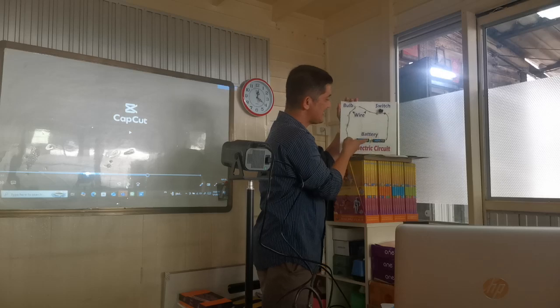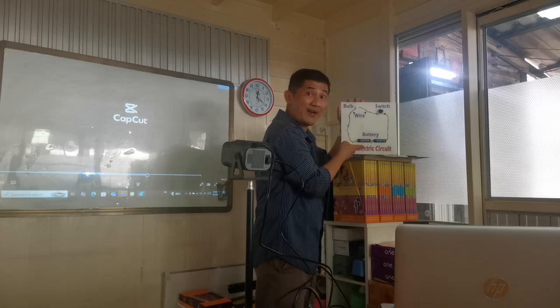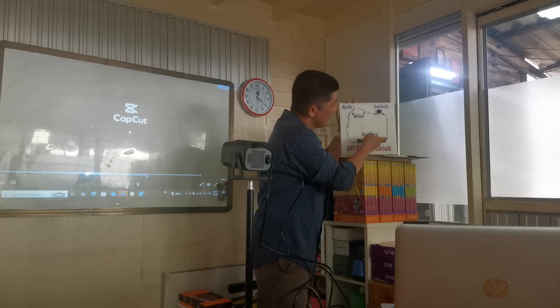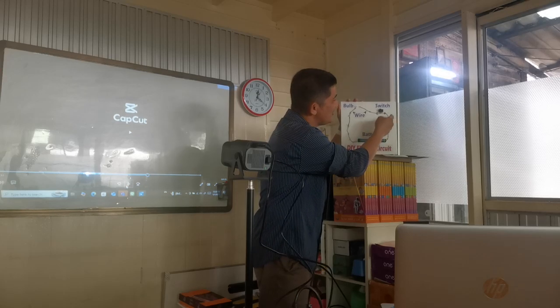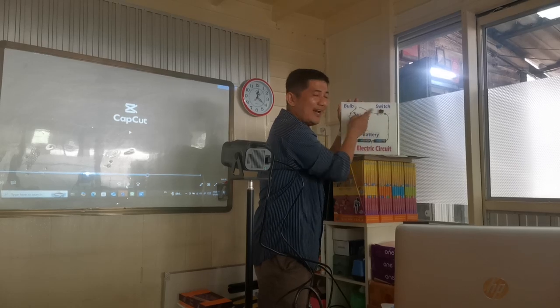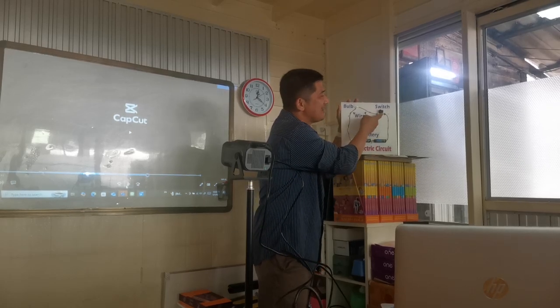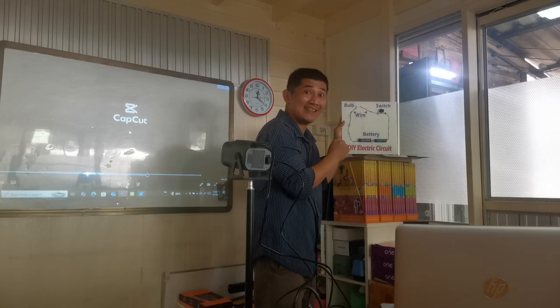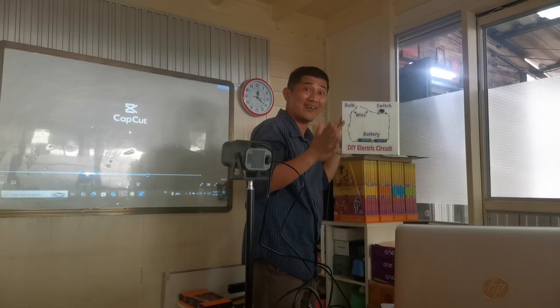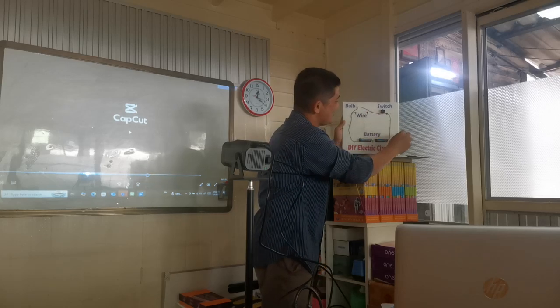Since this is the power source, the negative and the positive are connected to the switch. I told you before that the switch connects or disconnects the path or flow of current. Okay? Try to see.